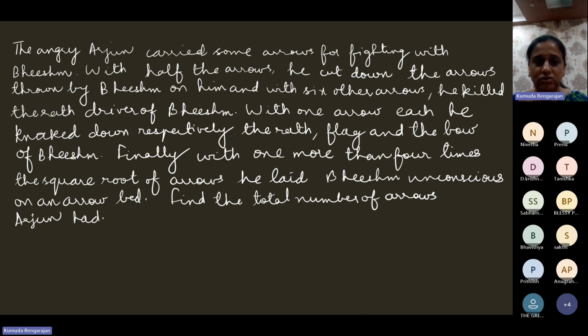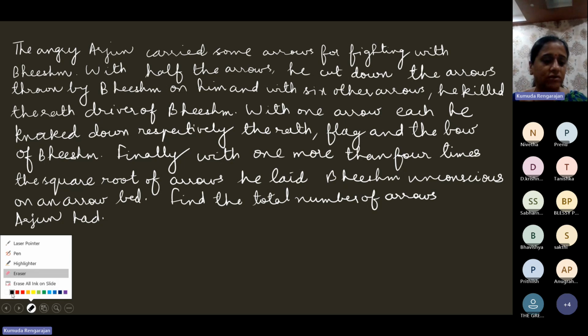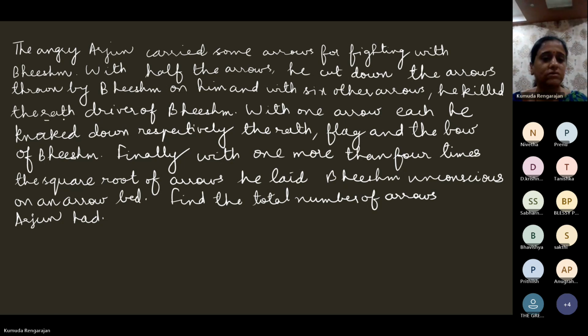Rath driver meaning the chariot driver, the chariot driver of Bhishma.